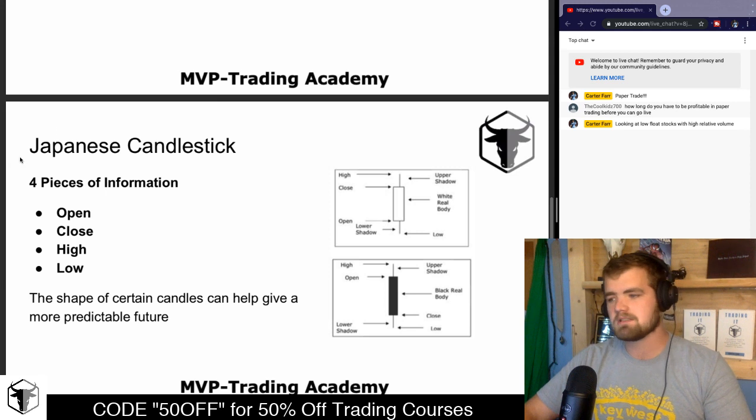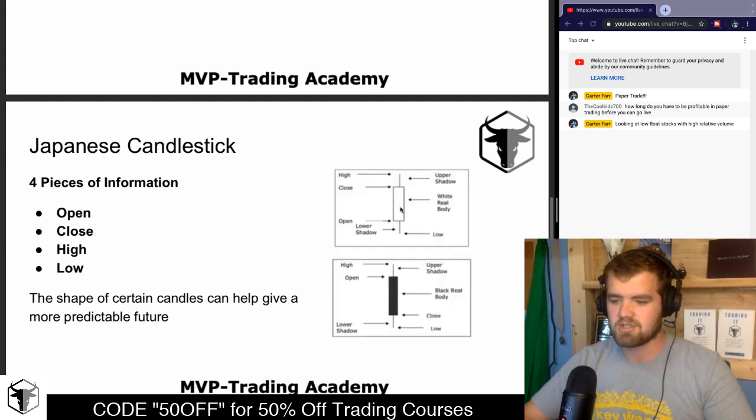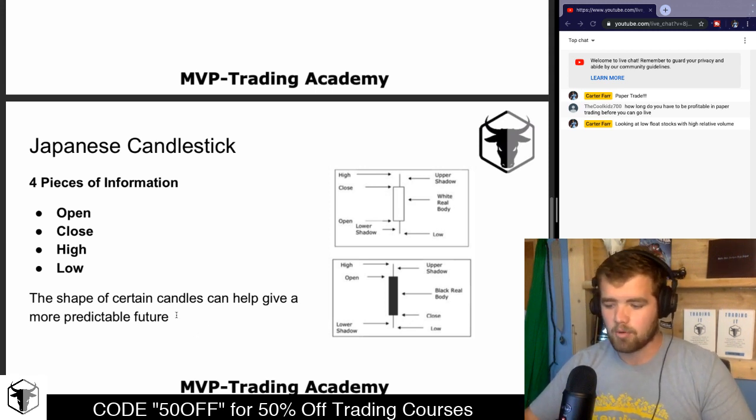They offer 4 pieces of information. They offer the open price, boom, right here. They offer the close. The close is right here, boom. They offer the highs and the lows. So they offer 4 pieces of information. The shape of certain candlesticks in a row can help give a more predictable future, because if everybody's looking for these patterns, the follow through will be very good.